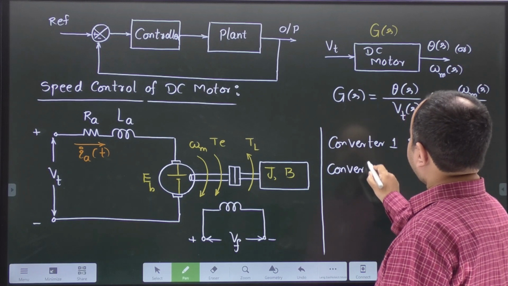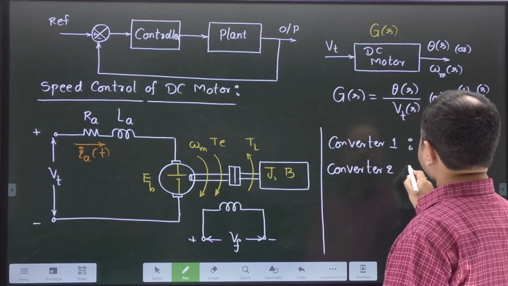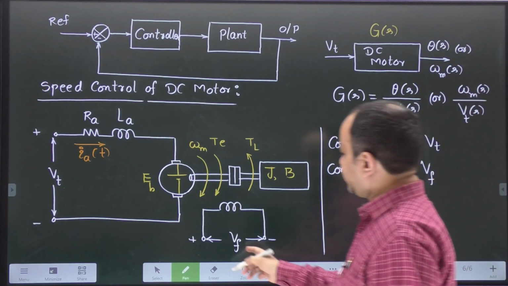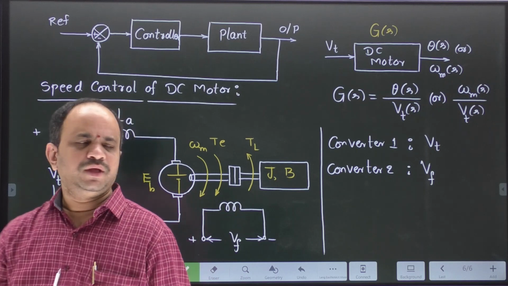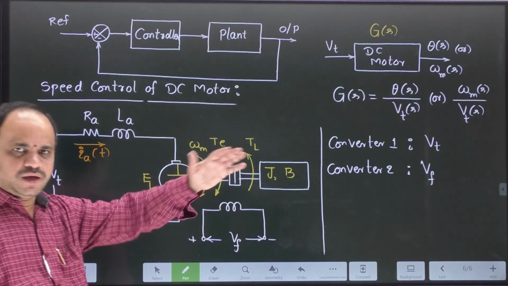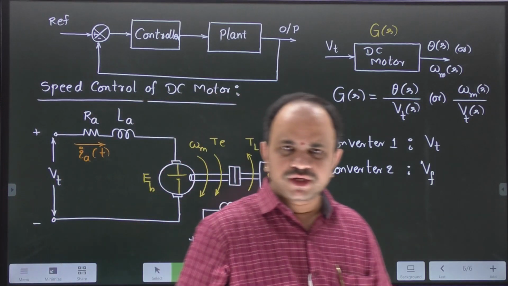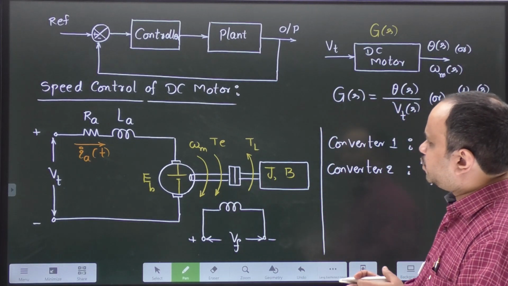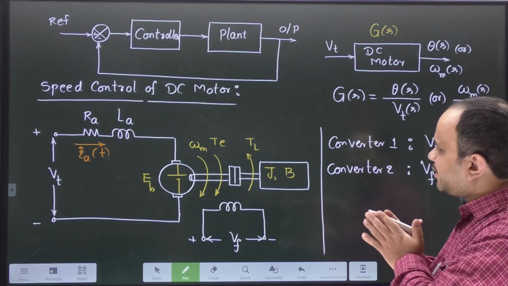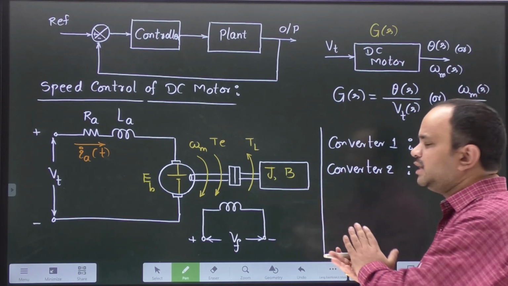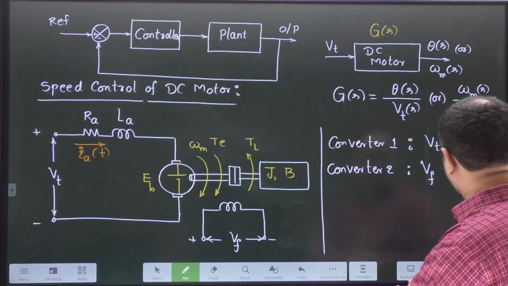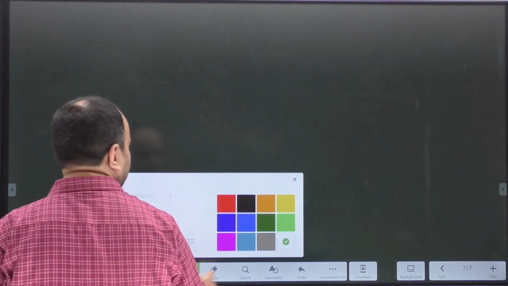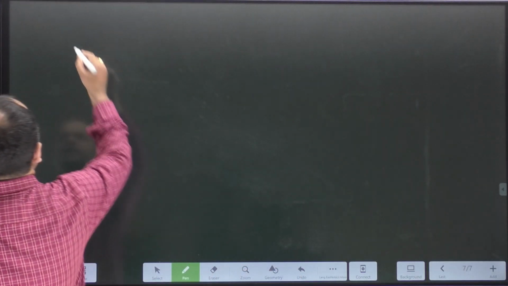The second converter will be used to provide the field voltage, VF. This converter can be anything. I will give you the list of the various converters and up to what power levels we can use them. Now, from the modeling point of view, how can we represent these equations?